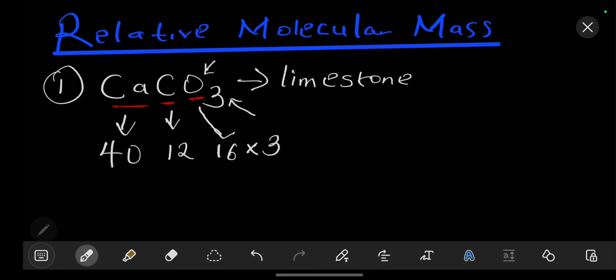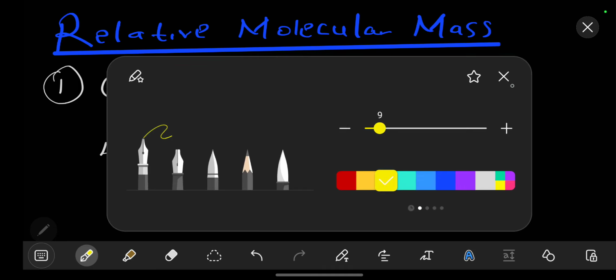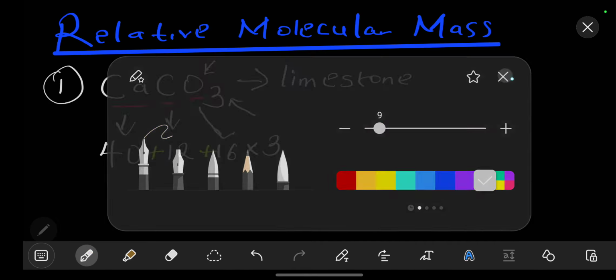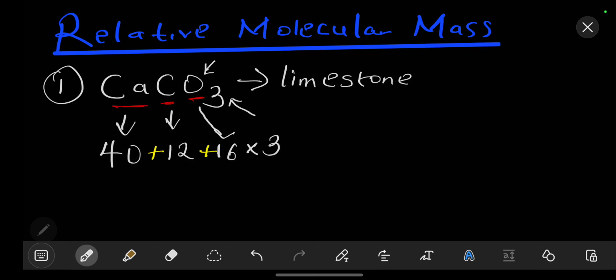Now, after bringing all this out, the next thing to do is to add them. We're going to sum them up. That is the very next thing. But according to BODMAS, we need to multiply first before we add. By so doing, we just have to bring down this 40 plus 12, then 16 times 3 will give you 48.